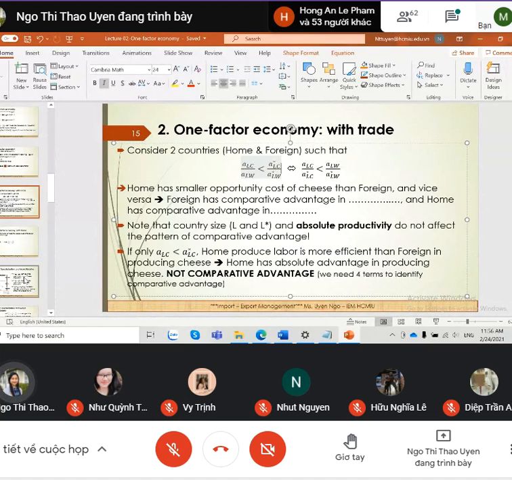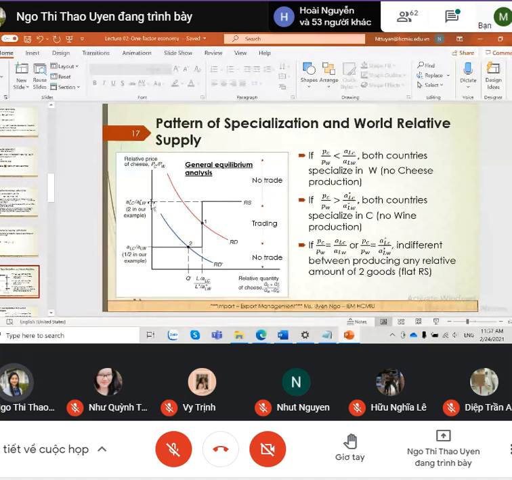So that's why here we draw the opportunity cost of cheese of foreign higher and home here.